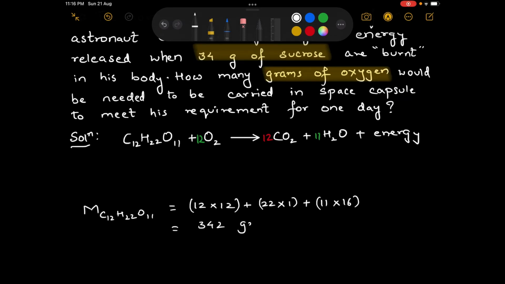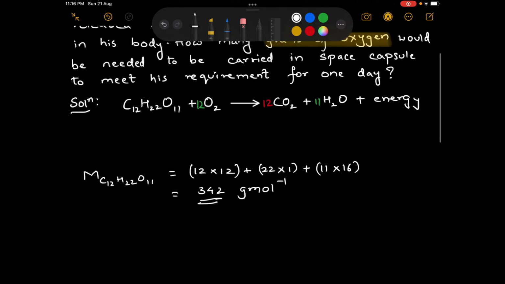We get it as 342 g mol inverse. Next we need to find out the molar mass of oxygen gas, which is 2 atoms of oxygen multiplied by 16, that is the atomic mass of oxygen. So we get it as 32 g mol inverse.